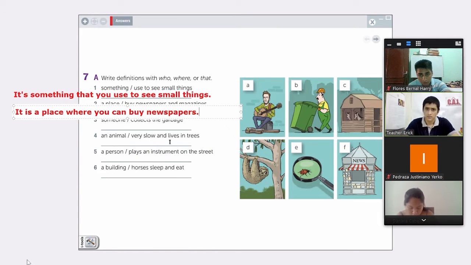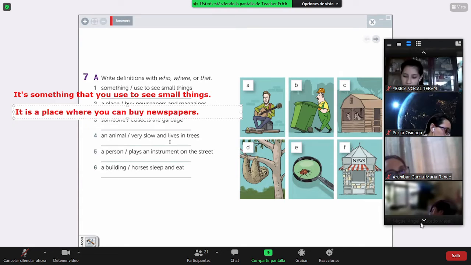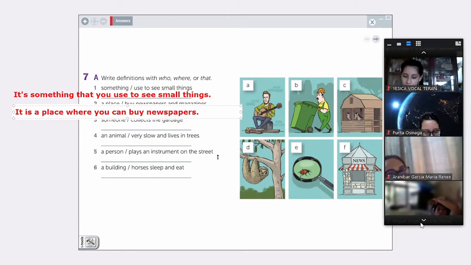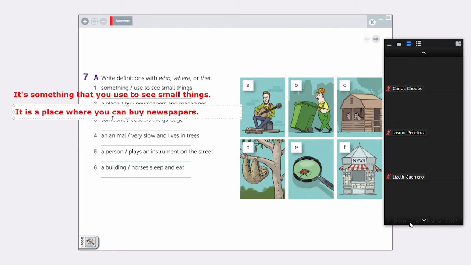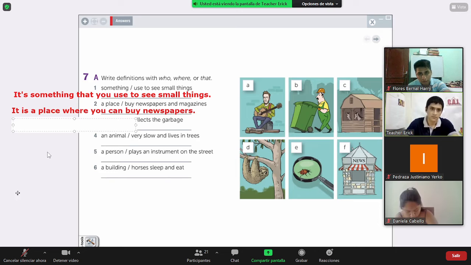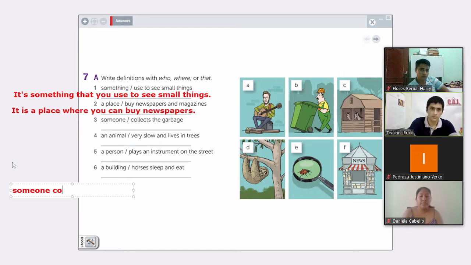And 1 minute, please. Elenir or Jorge Valdivia. Number 3. No. Okay, then Daniela or Geraldine or Jessica Vocal. Daniela.